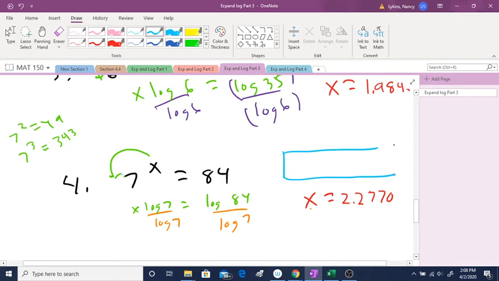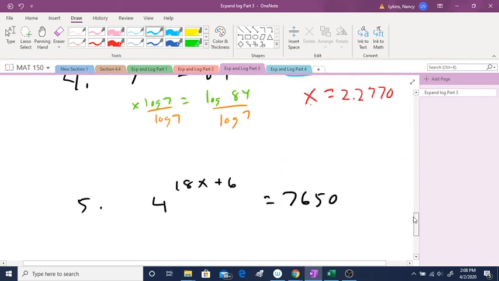So if I want to check my work, I could say 7 raised to the 2.2770, and this comes out to be 84.0017. That's pretty close to 84. So remember, the more decimals you use, the more accurate your answer is when you check it.